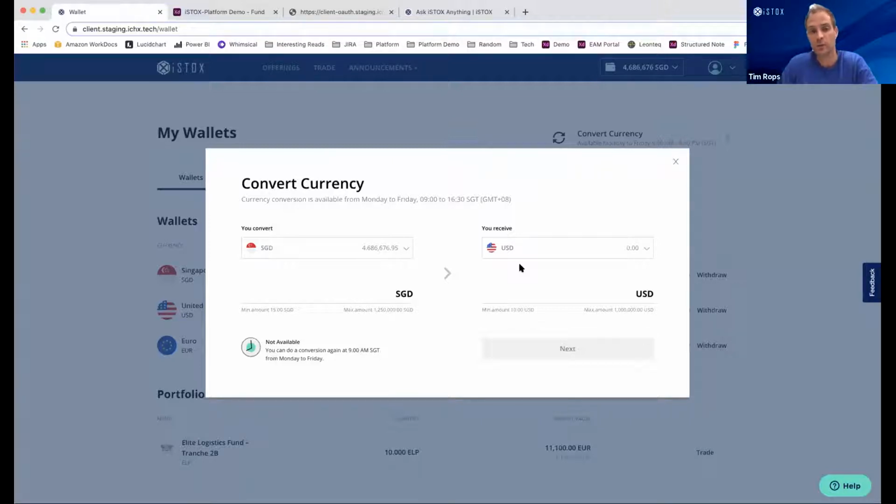Similarly to what Oyi just mentioned, once you place an order or participate in the initial offerings, everything happens instantly, and similarly with the FX conversion. DBS provides us with a live rate, and we will automatically convert that on your behalf.